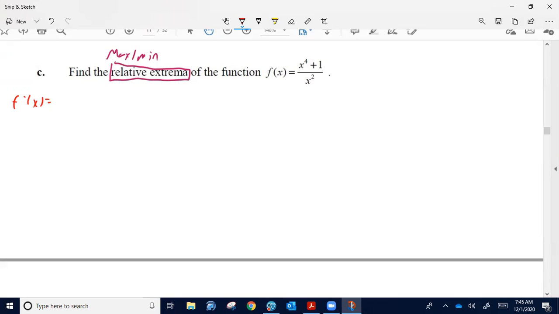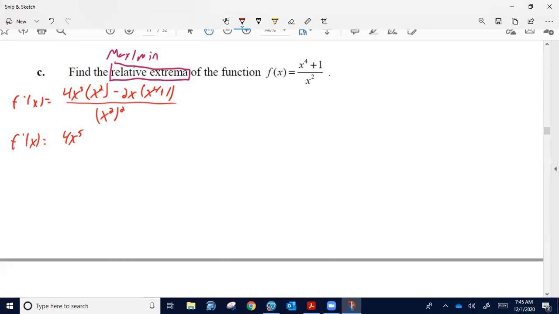Derivative of the top is 4x cubed times the bottom unchanged is x squared. Subtract in the quotient rule. Derivative of the bottom is 2x times the top unchanged is x to the fourth plus 1 over the bottom part squared. If I clean this up, we're going to get 4x cubed times x squared is 4x to the fifth.